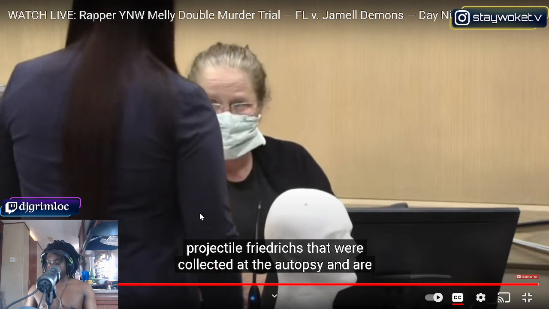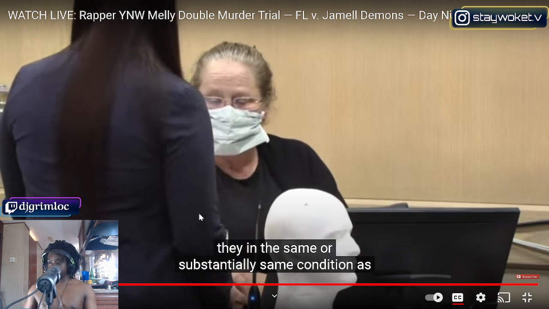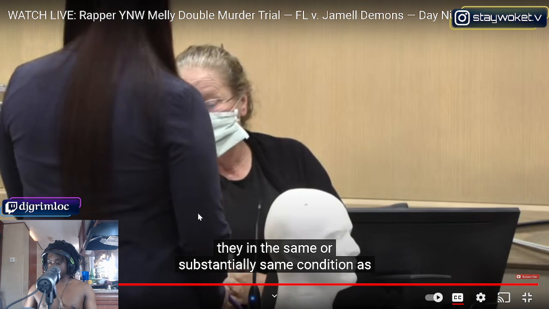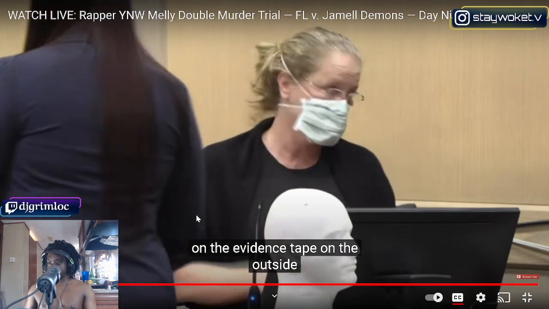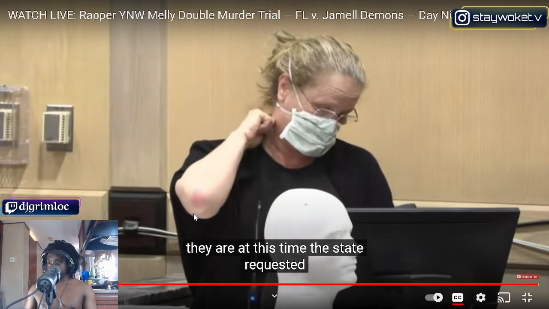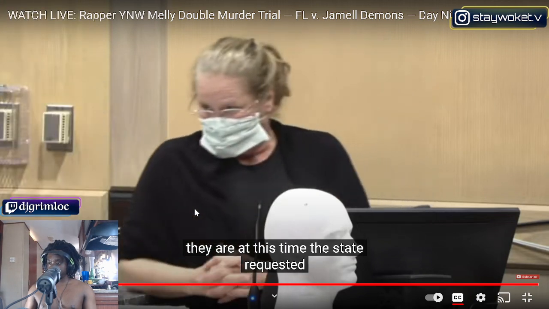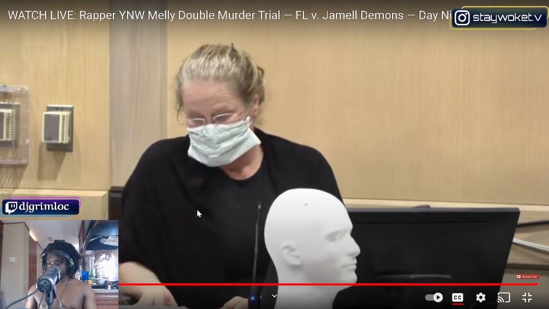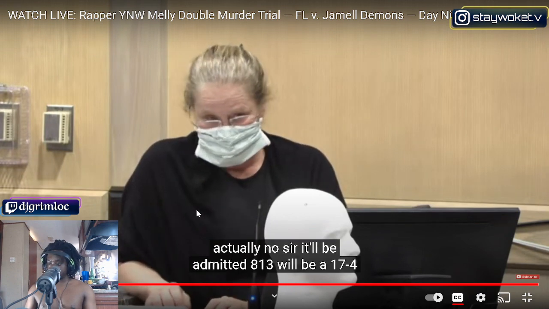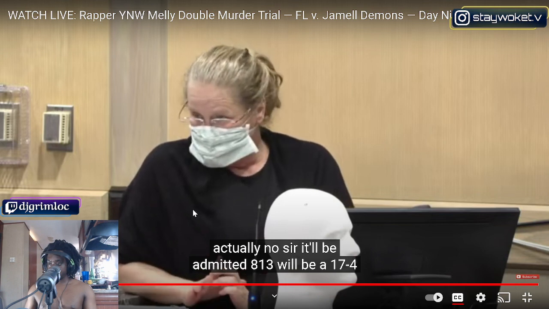And are they in the same or substantially same condition as when they were collected? They are. They have your initial on the evidence tape on the outside. They do. At this time, the State would request to move State's Quadruple B in as State's 74. Is there any objection? No, sir. It'll be admitted. State's Quadruple B will be marked State's 74.